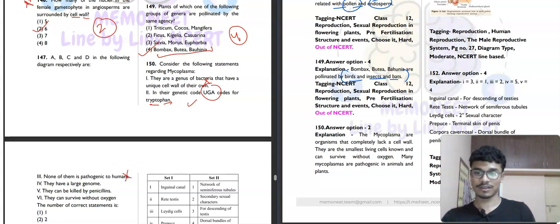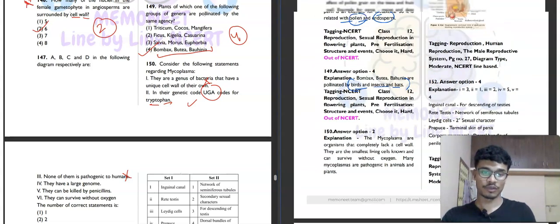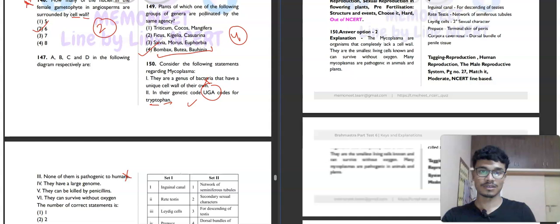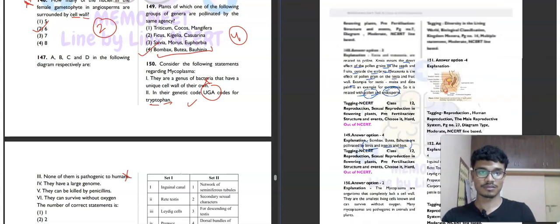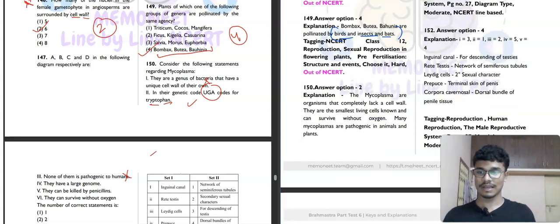It is not correct, because some of them are pathogenic in both animals and plants. Then it is saying that they have a large genome. This is not correct. They are the smallest living cells, so they have a very small genome. And they can be killed by penicillin.